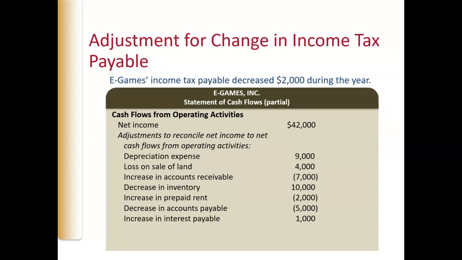E-Games income tax payable decreased $2,000 during the year. What happens when a current liability decreases? We decrease it too, don't we? We subtract.